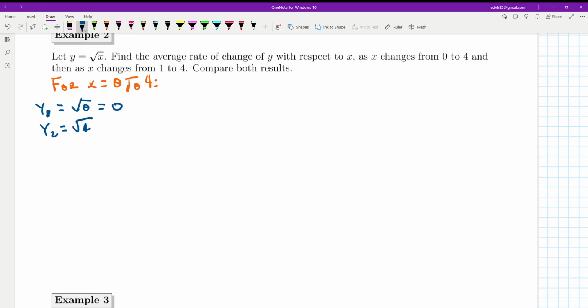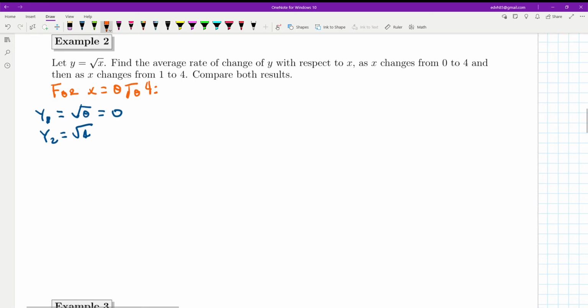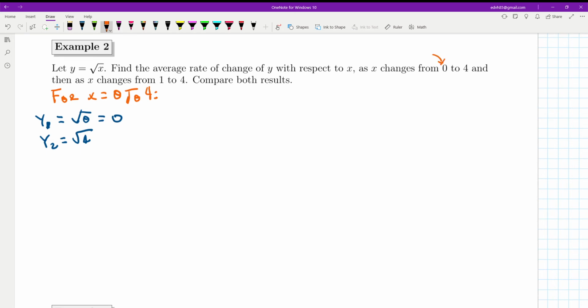Where am I getting this 4 and this 0? Well, these are x1 and x2. And then let's simplify. The square root of 4 is a nice number. It's a perfect square. The square root of 4 is 2.